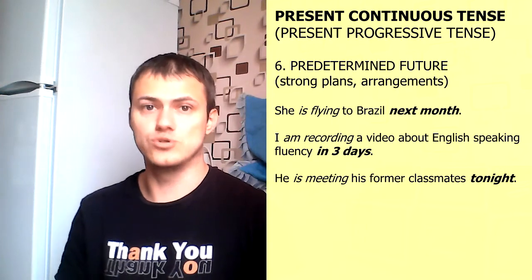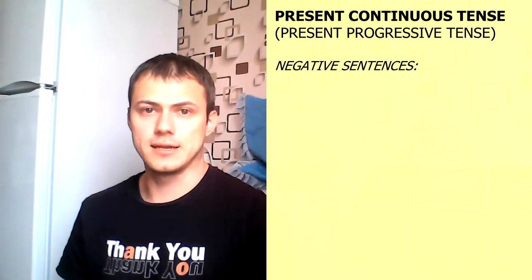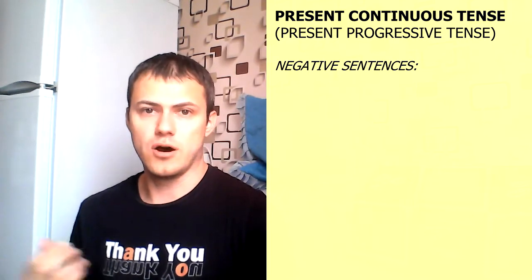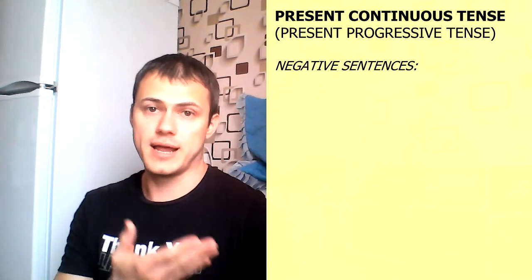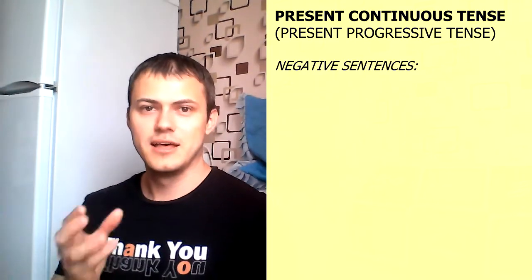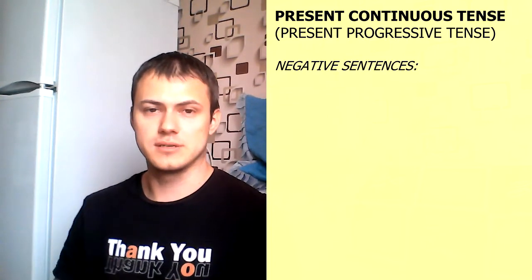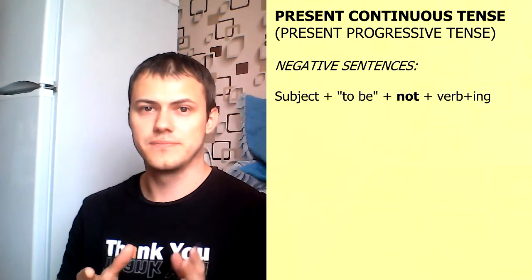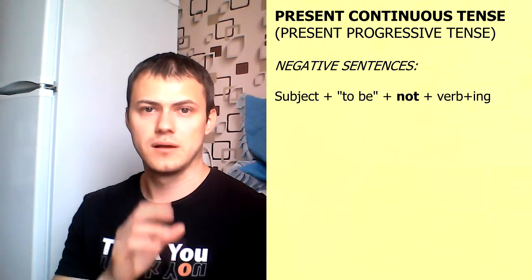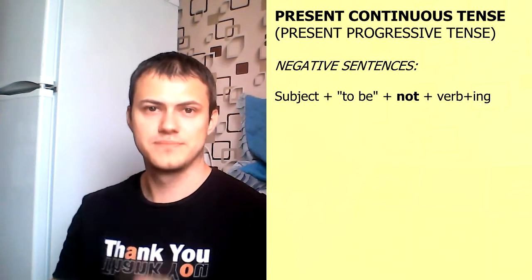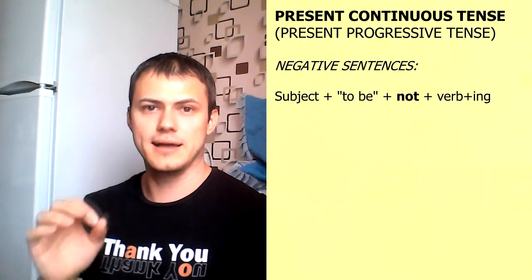So for the final point of this lesson, let's take a look at some examples of negative sentences and questions using the present continuous tense. The structure of negative sentences using the present continuous tense is subject plus verb to be plus not plus main verb plus ing form.